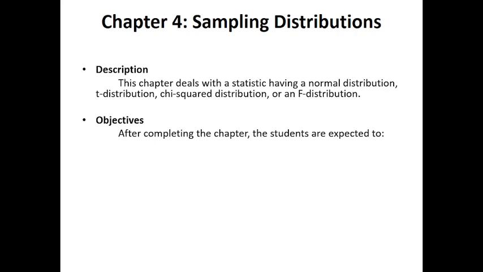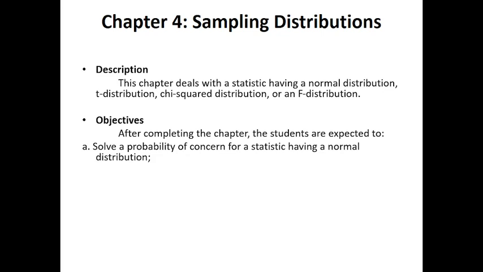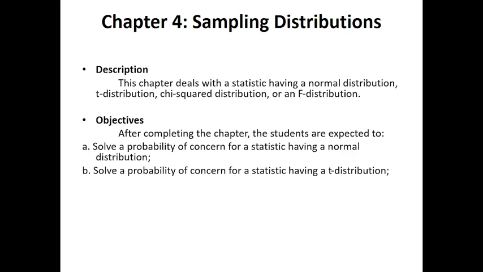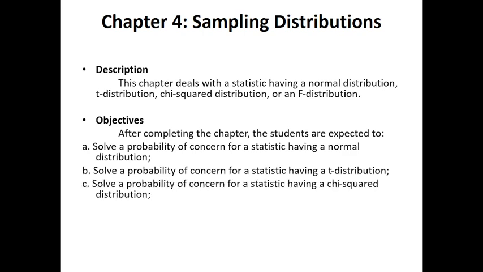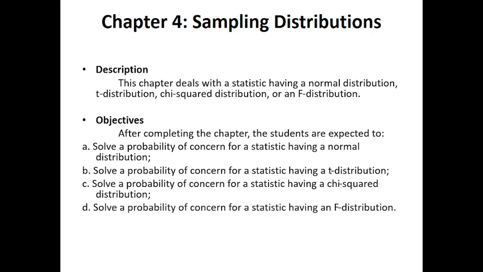Objectives of this chapter: after completing the chapter, you are expected to solve a probability of concern for a statistic having a normal distribution, a t-distribution, a chi-squared distribution, and lastly, an F distribution.